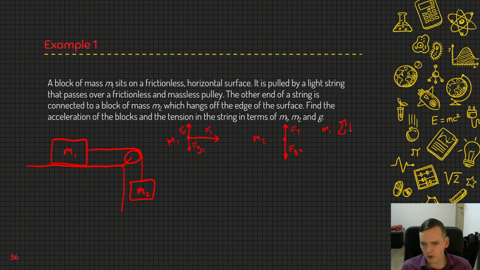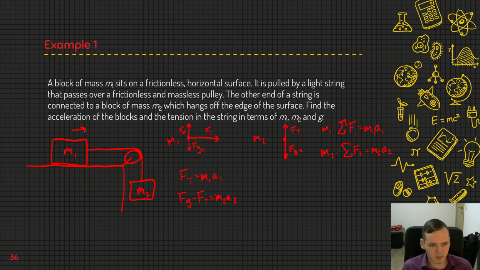So we're going to have net force on object 1 equals M1A1, and the net force on object 2 will equal M2A2. Now if we plug some things in, we can see that Ft should equal M1A1, and Fg minus Ft should equal M2A2.